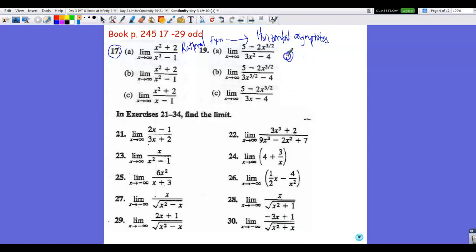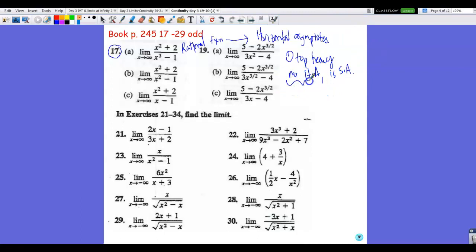So one scenario is our function could be top heavy. And if we have a top heavy function, that means the degree in the numerator is larger than the degree in the denominator. If we have a top heavy function, there is no horizontal asymptote, but instead there is a slant asymptote, just FYI.